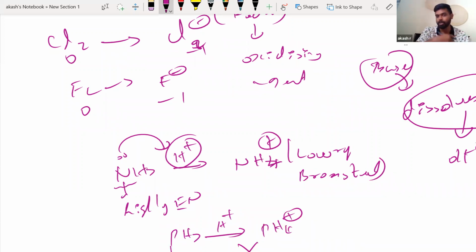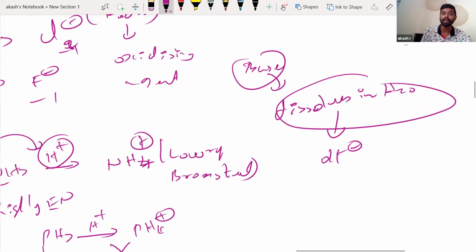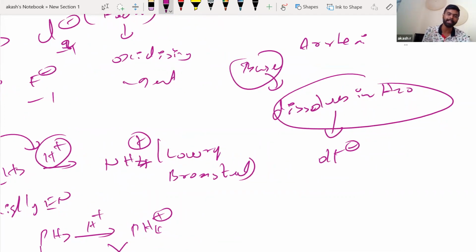Lewis theory is donating a lone pair, and what we're talking about here is Arrhenius theory. There are three different theories which can explain what is an acid and what is a base. Arrhenius theory says a base is something which, when dissolved in water, produces OH minus.